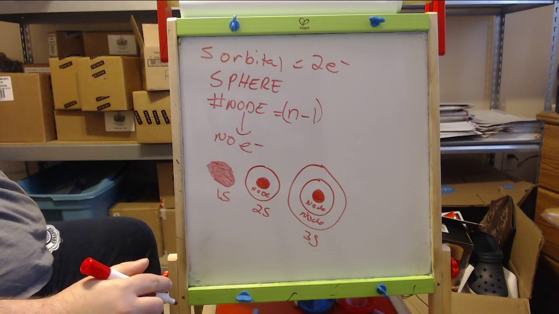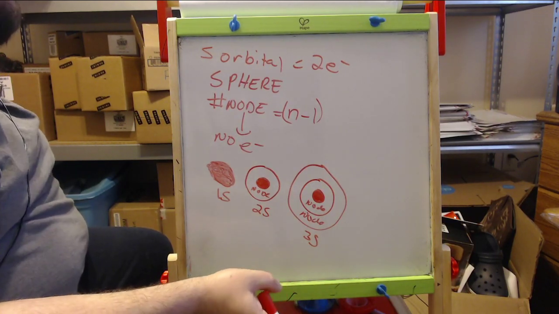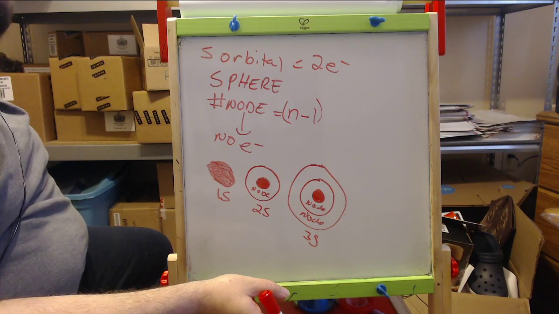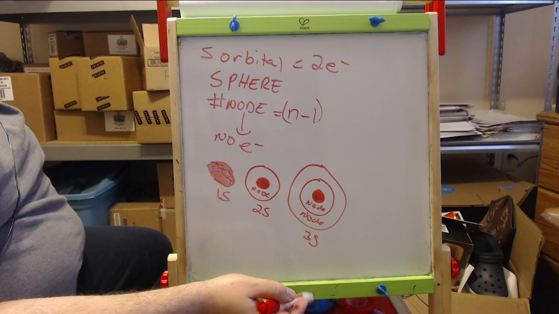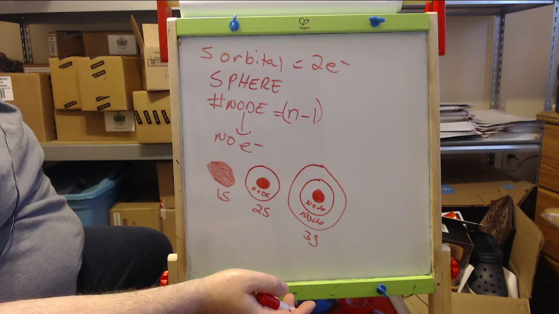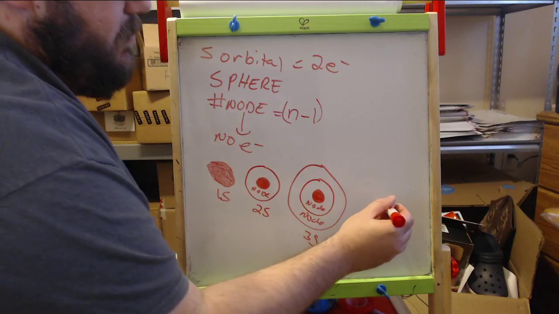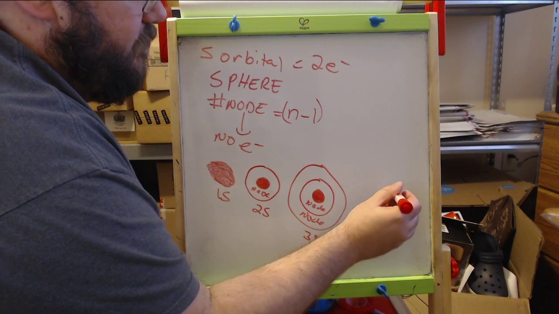What you have to realize is that as we move up our n levels, as we move up our electron shells, the orbitals for the s get bigger and bigger. Therefore, there's more area for my electrons to be, but there's also more area for electrons not to be.